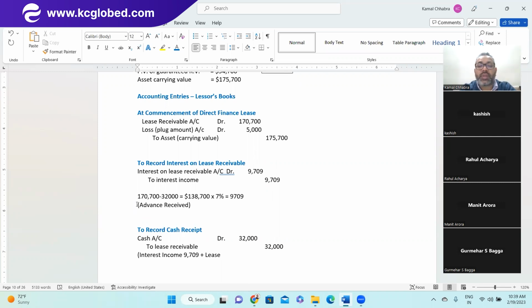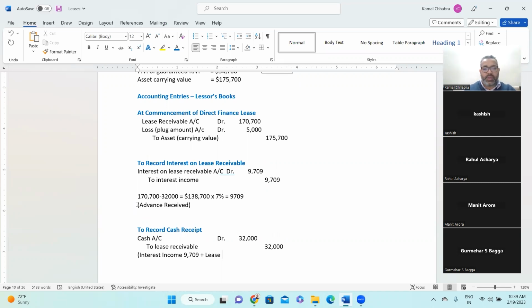So this 32,000 includes 9,709 of interest. The remaining is the lease principal. How much is it? Can you do the math for me? 32,000 minus 9,709. So same way as we do installment sales or EMI calculation. So this much is the lease. Make sense?